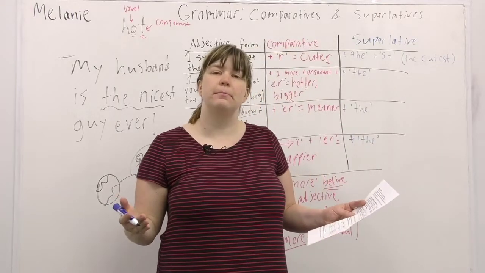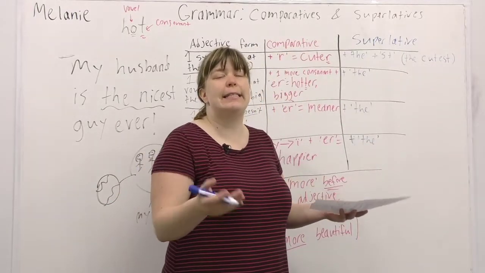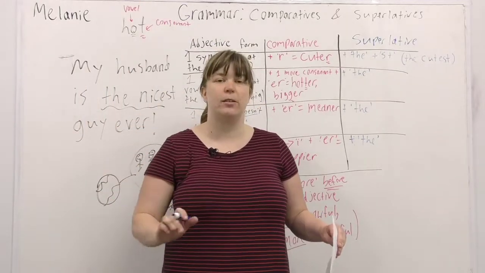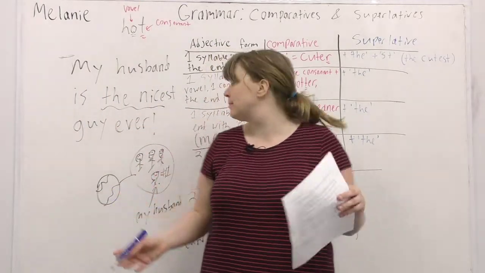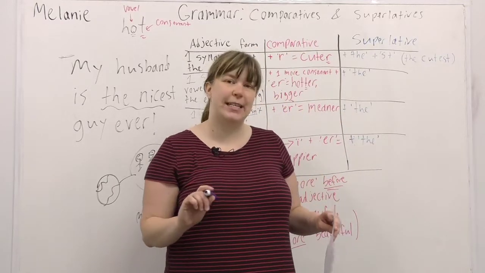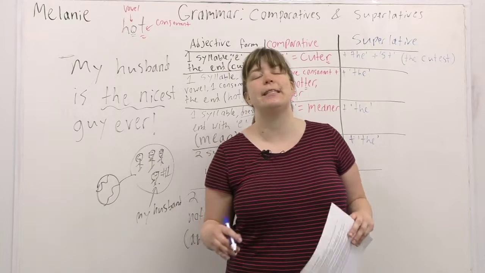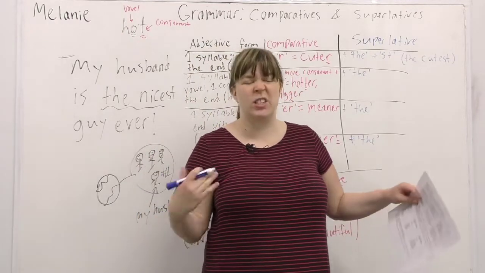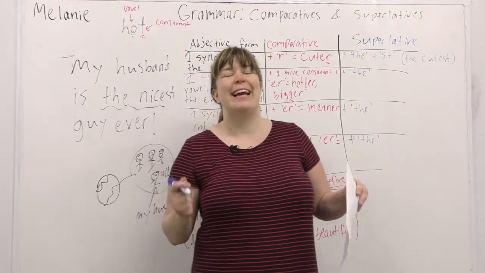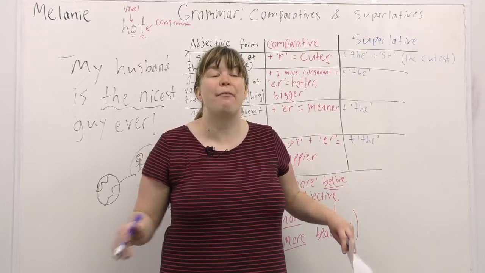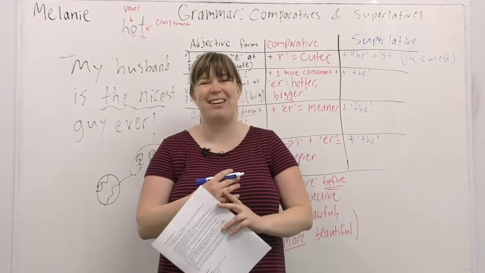For example, what is the cutest animal in the world? What do you think? For me, I think the cutest animal in the world is the raccoon dog. In Japan, it's also known as the tanuki, but it looks like a raccoon. It's a dog, but it's really fluffy and it makes really cute sounds.